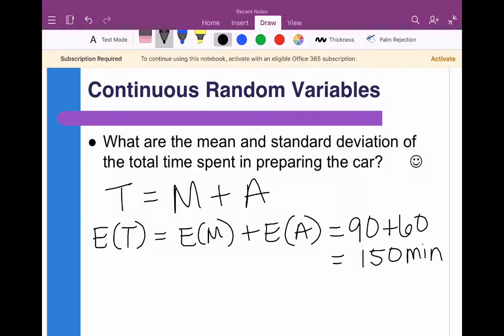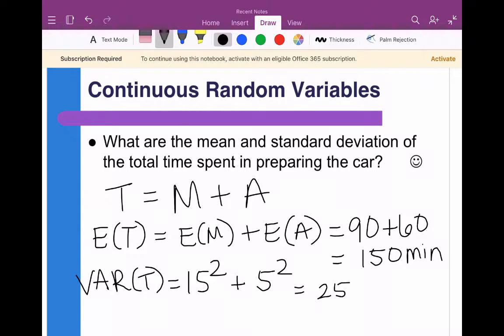To find the standard deviation, remember, we have to convert the standard deviation back to the variance first, calculate the variance, and then find the standard deviation. This would be done by finding the variance of the total time, which would be the standard deviation of the mechanical time squared, plus the standard deviation of the appearance time squared, which would give us a value of 250.